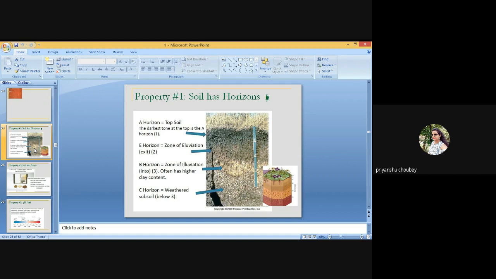Recent publications indicate that seven soil orders occur in the country. Orders like Spodosols, Oxisols, Gelisols and Andisols are not reported in India.